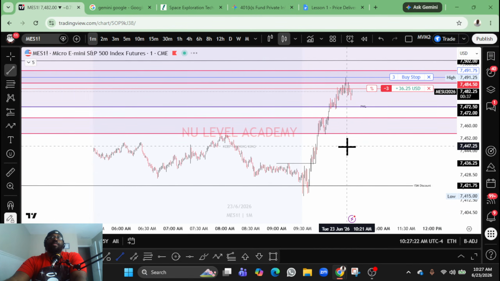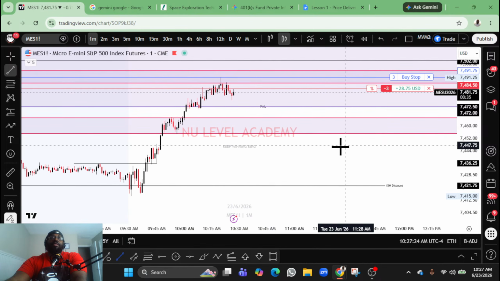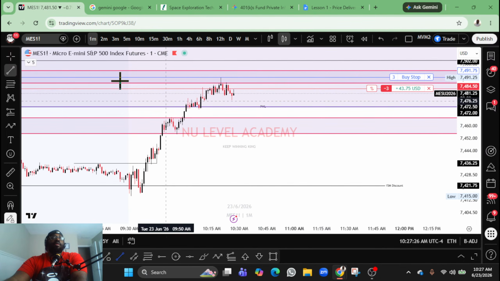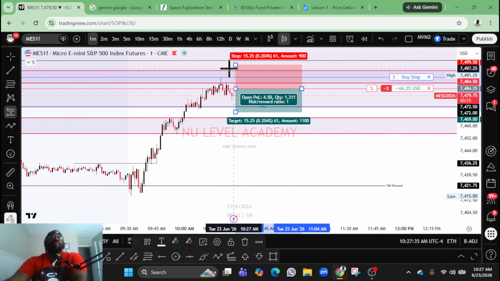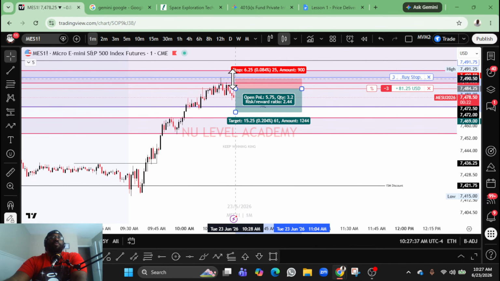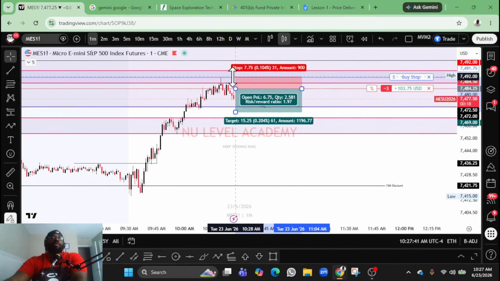So, as the trade is playing itself out for us so far, here's where we are. We're going to exercise some patience here to see how this plays itself out. Initially, from what we talked about, there's our stop here.